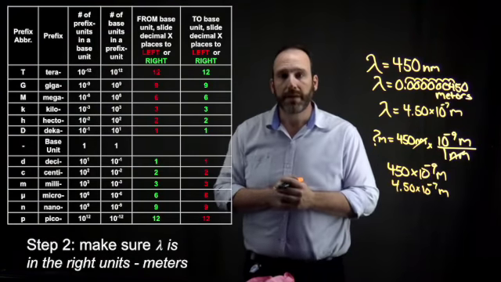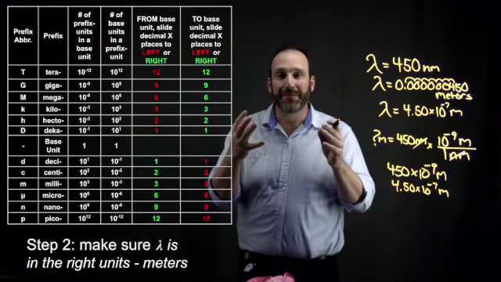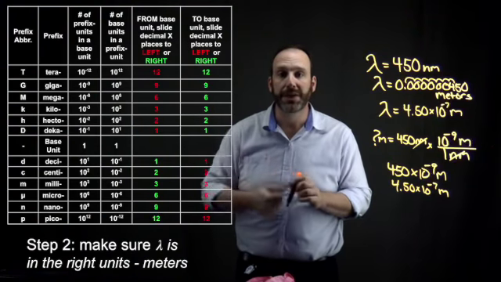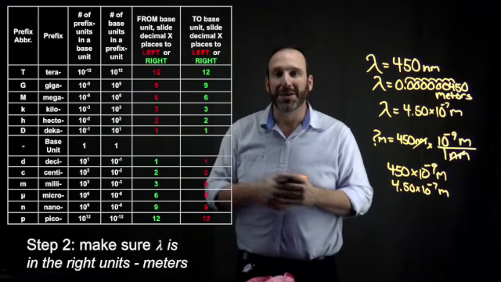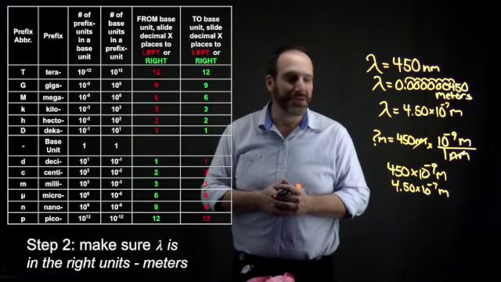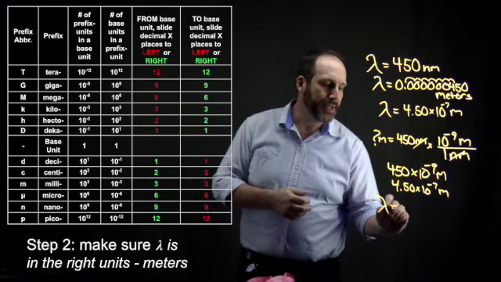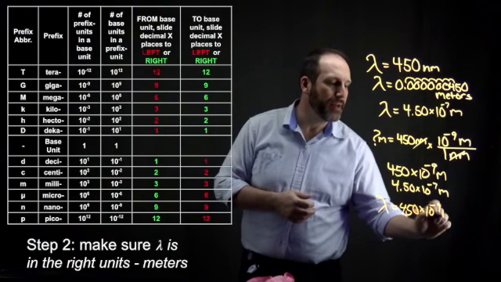Point being, if you can remember that there are 10 to the minus 9 meters in a nanometer, then you can really quickly put things into quasi-correct scientific notation. So we're going to remember that our wavelength is equal to 450 times 10 to the minus 9 meters.